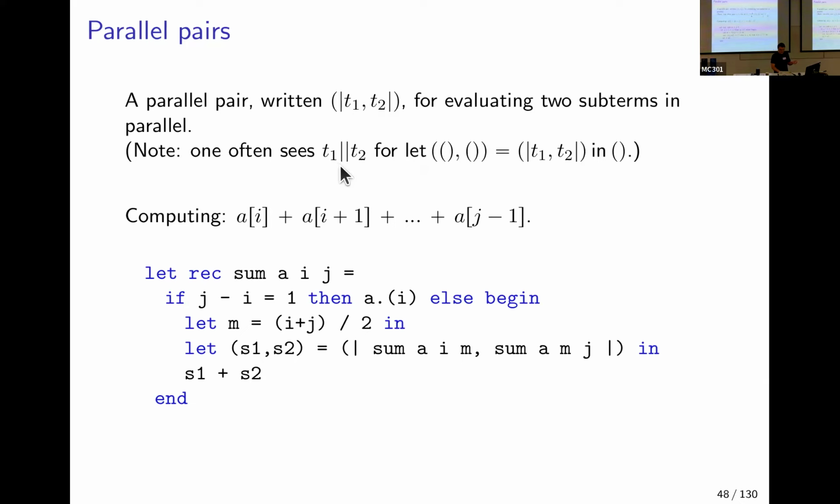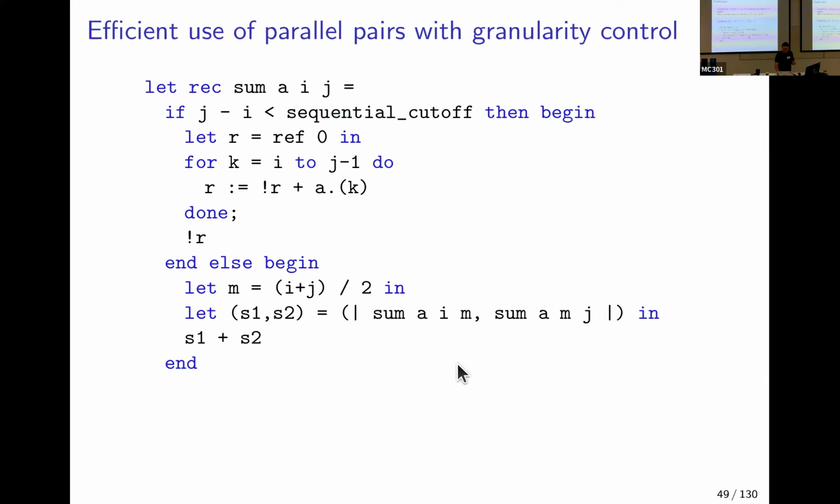You could, for example, optimize the sum of an array between i and j by calling the sum function recursively on two different parts of the array. Of course, if you do that, you're spawning many threads for just summing one or two elements, so that's not very nice. So you can just have a cutoff.